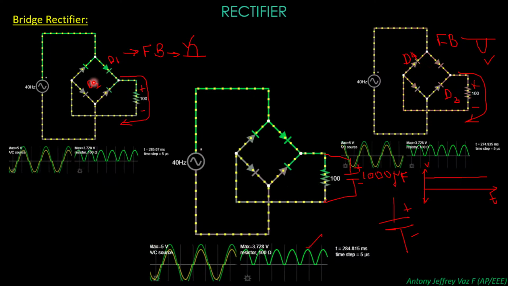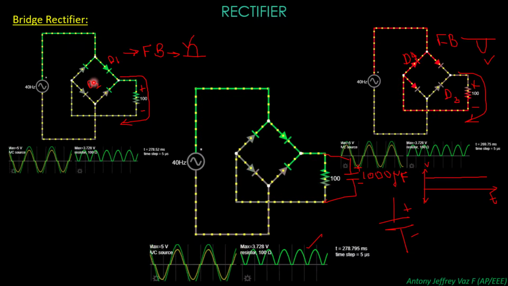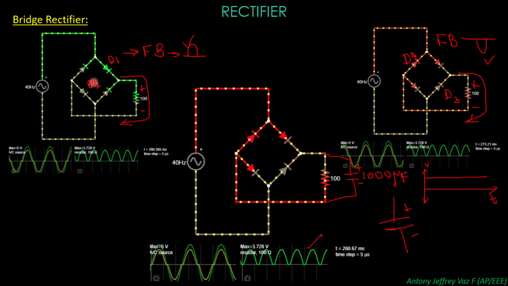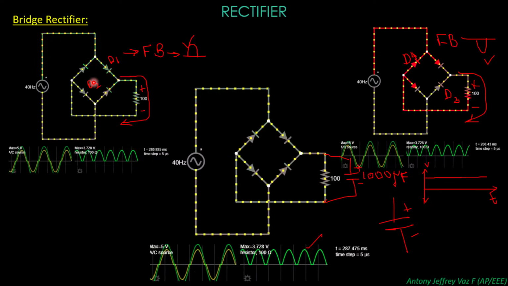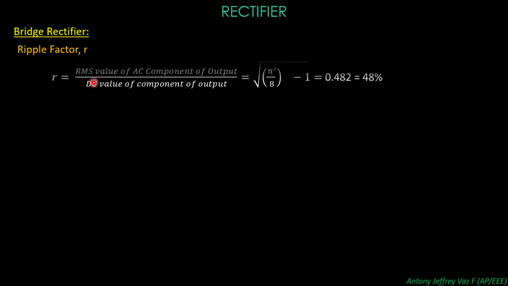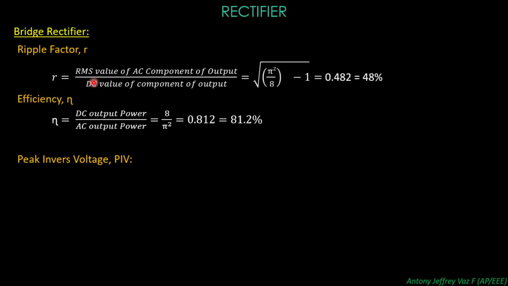So these two diodes are parallel in nature. Due to the parallel nature of the diodes, the two diodes will be conducting the same voltage. So you will be having a peak inverse voltage of Vm.